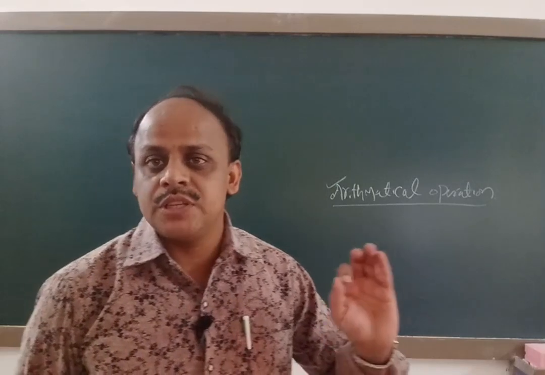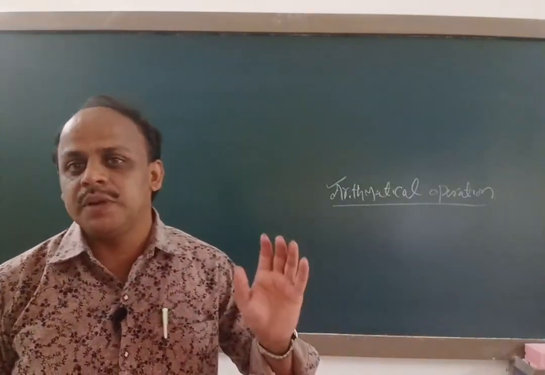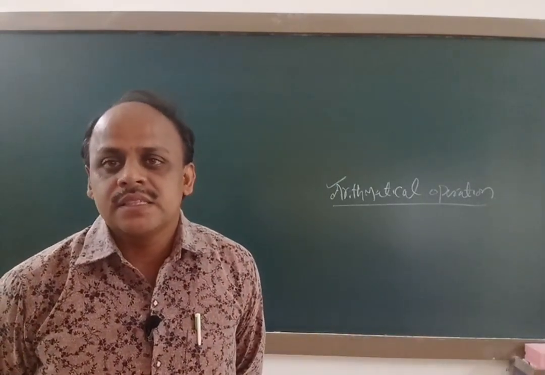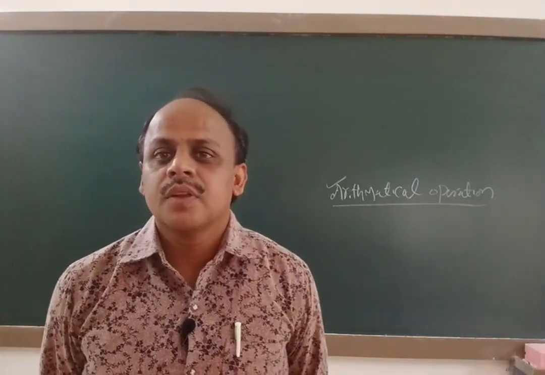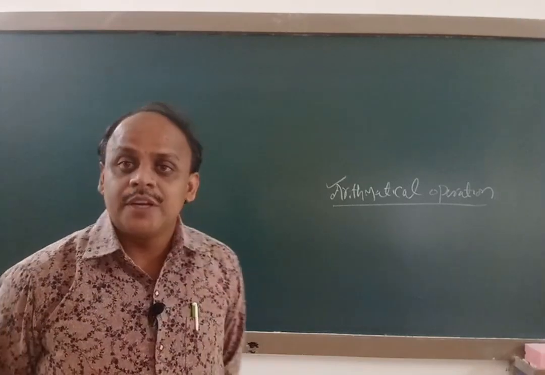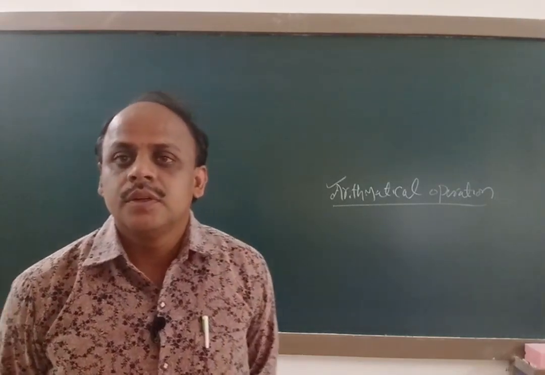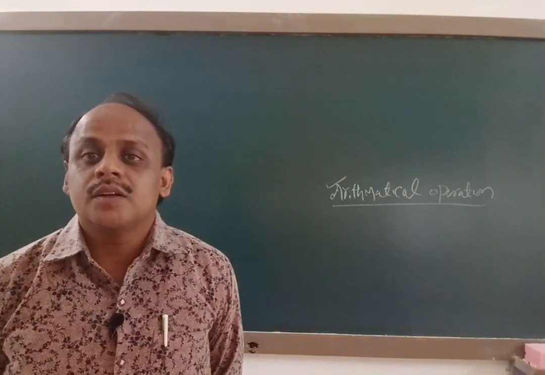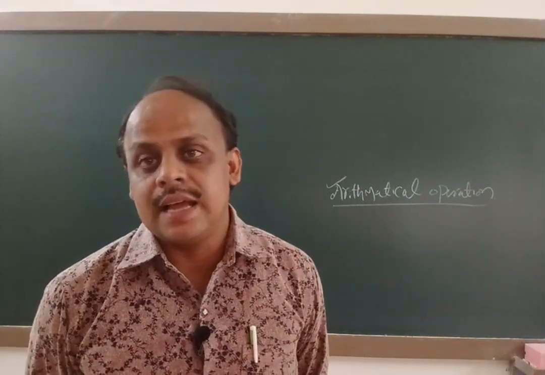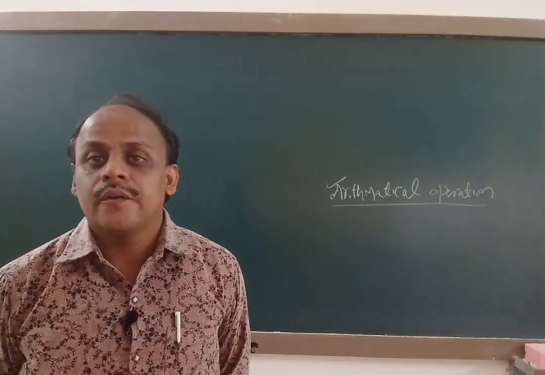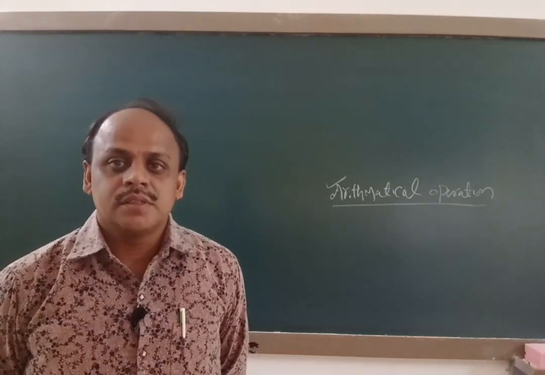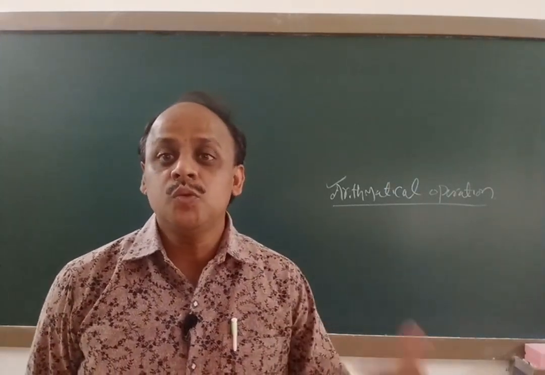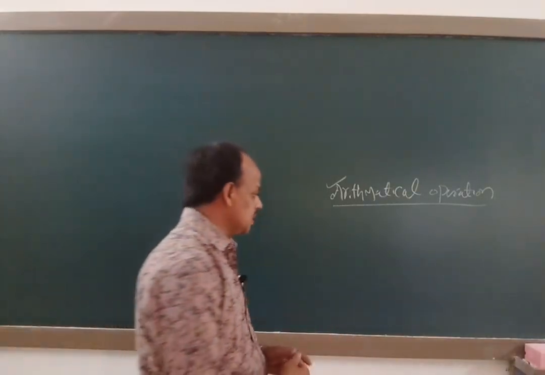First I am going to write and explain a C++ program to perform arithmetical operation on a given two numbers by writing code inside the class. Second one, writing code outside the class. Same program in two ways. Let us see how it is possible.